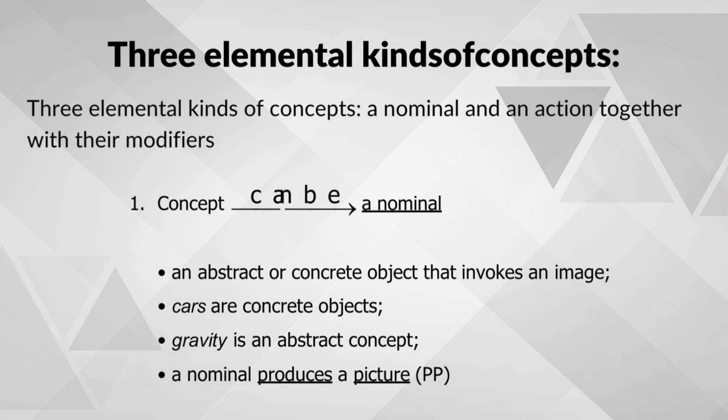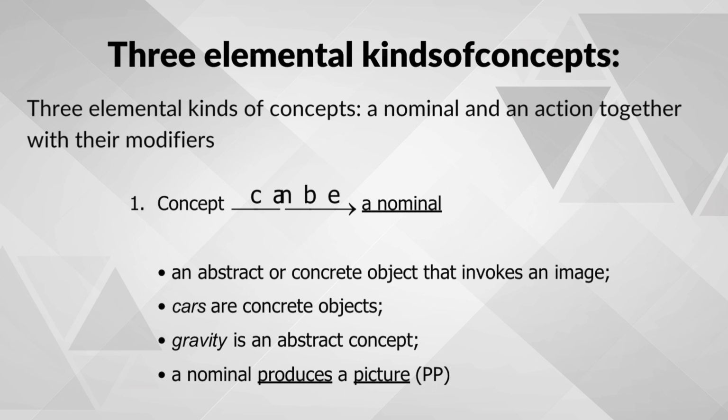Nominals prompt the formation of a mental picture or image, contributing to a visual representation of the concept. This visual aspect is often referred to as a picture, capturing the visualizable nature of nominals within the conceptual structure.